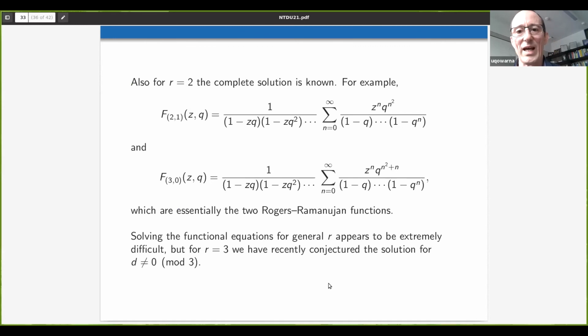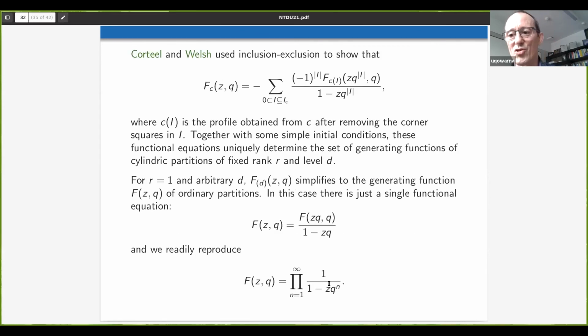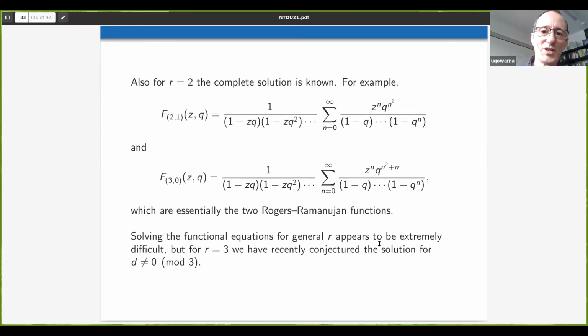Well, it turns out for rank 2, the solutions are also known. And for example, here is just some of these solutions for rank 2. So now these profiles have only 2 entries. And you can see we get essentially, for example, these Rogers-Ramanujan functions again.